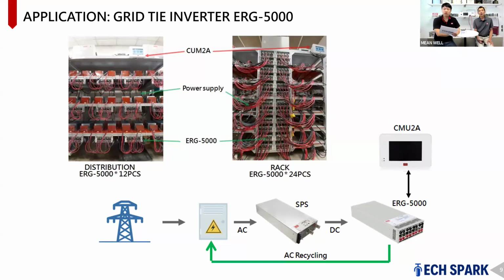Yeah, a lot. For example, we have a customer who wants to use it for e-fuses. They use the power supply, but they put the e-fuse in between the power supply and the ERG 5000 so that they can push current to the e-fuse to make sure that the e-fuse is good.